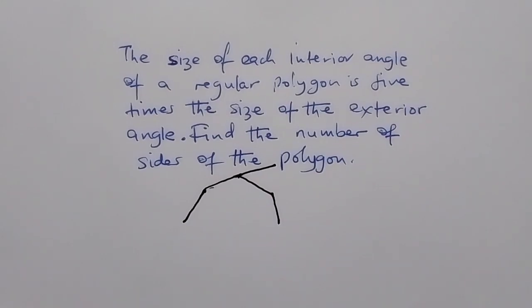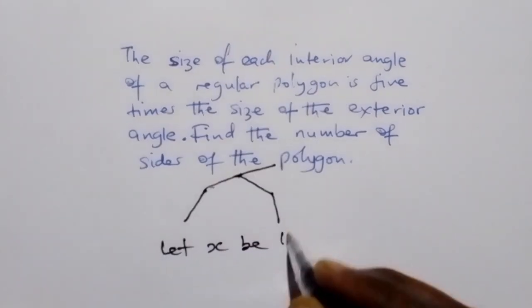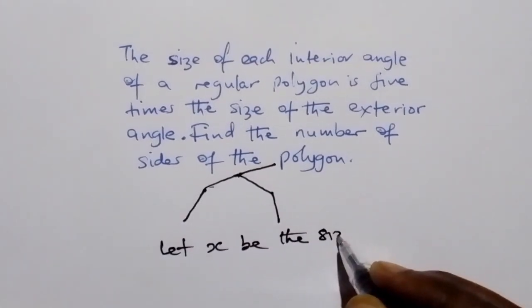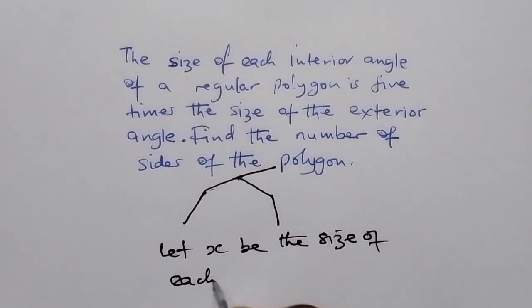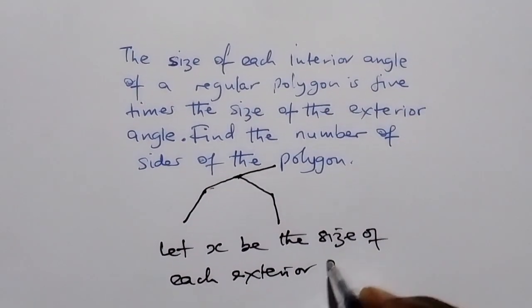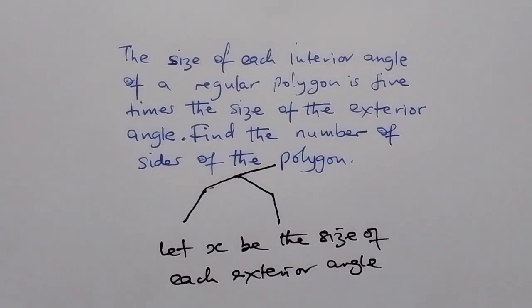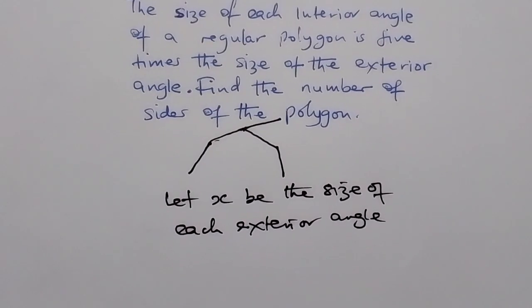The size of each interior angle of a regular polygon is 5 times the size of the exterior angle. So we can say that let x be the size of each exterior angle.